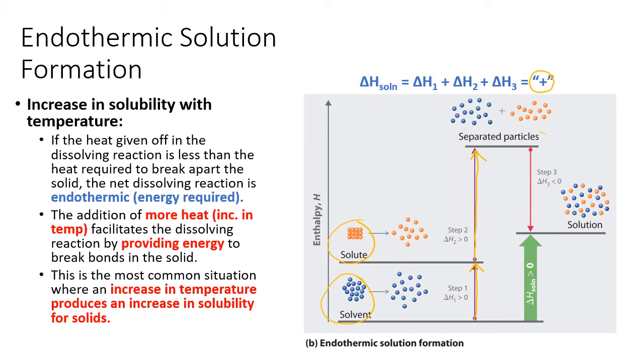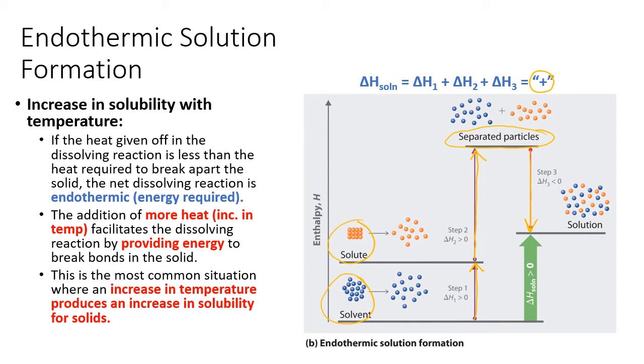Once we reach our separated particles, and the intermolecular forces of attraction between the solute and the solvent separately have been broken, when we form the solution and mix those separated particles together, some amount of energy is going to be released. However much energy is released during this process will determine if the overall process is endothermic or exothermic.